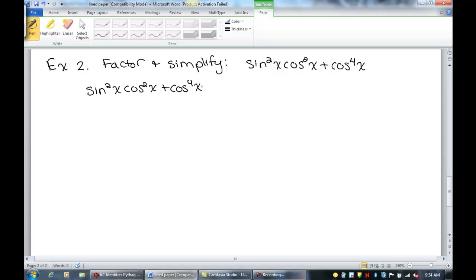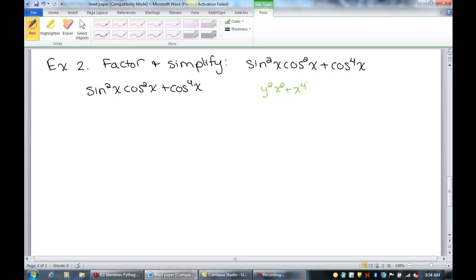Okay? If this is difficult for you to see, another way that you could possibly look at this would be to write it just with variables, so it's easier to see. So, for example, we could rewrite this as y squared x squared plus x to the 4th, where x would be cosine and y would be sine. Okay?